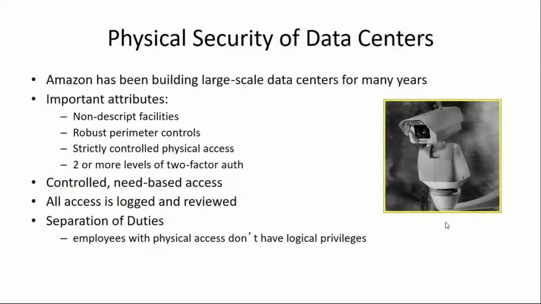Now the physical security of the data center. Amazon has been building large-scale data centers for many years. Important attributes: non-descript facility, robust perimeter control, strictly controlled physical access, two or more levels of two-factor authentication, controlled need-based access, all access is logged and reviewed, and separation of duty: employees with physical access don't have logical privileges.